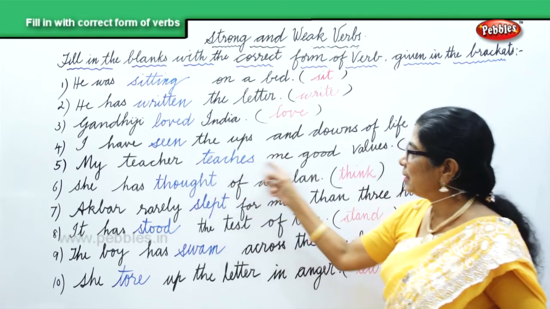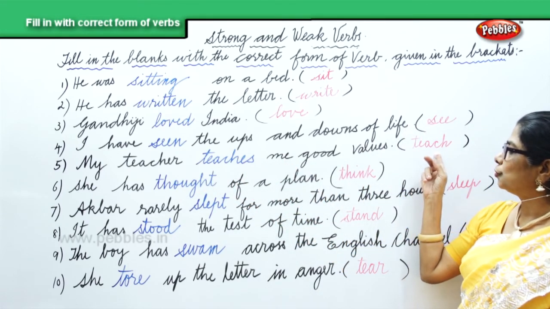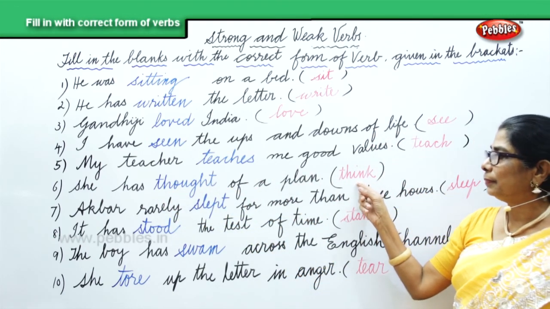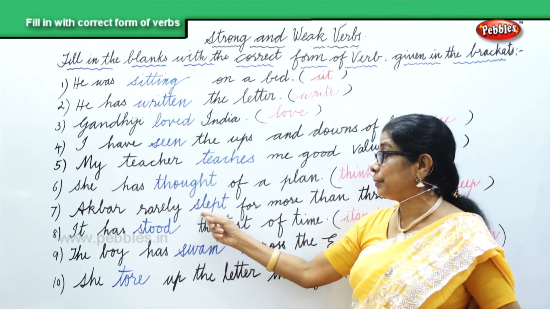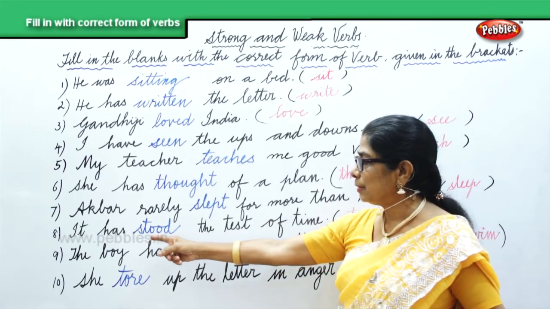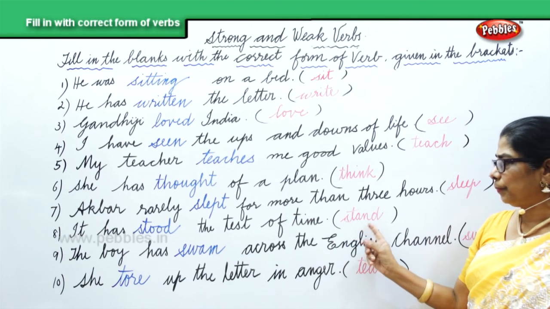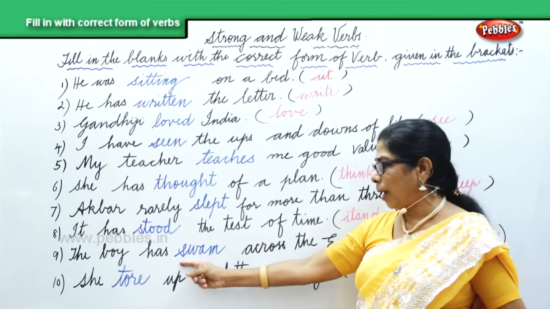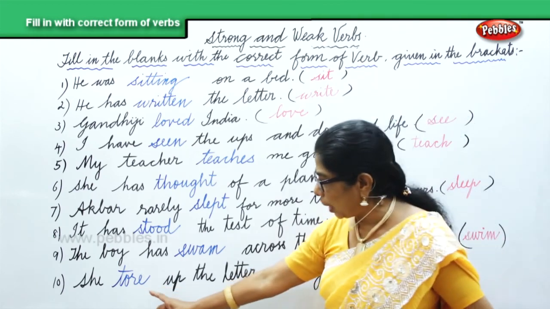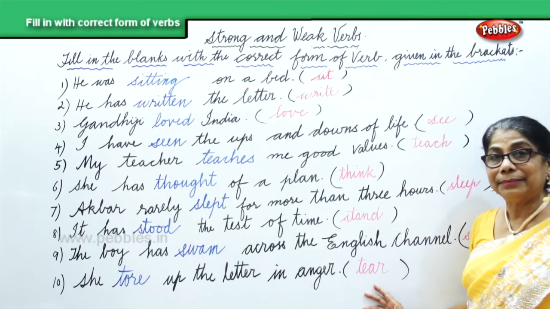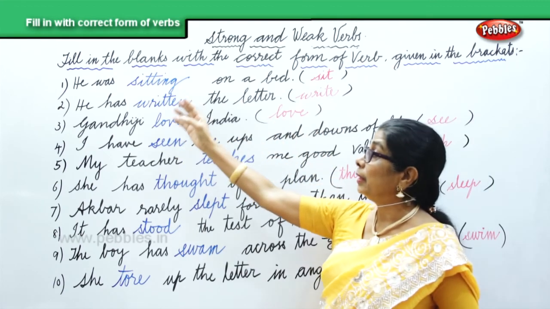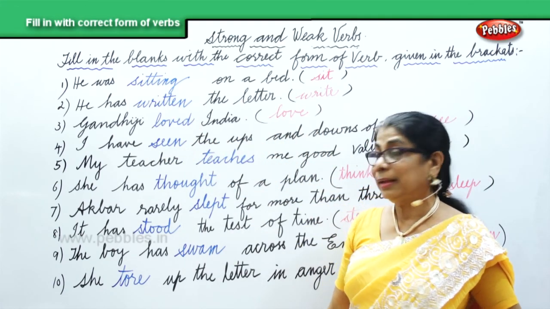My teacher teaches me good values. She has thought of a plan. Akbar rarely slept for more than 3 hours. It has stood the test of time. The boy has swam across the English Channel. Finally, she tore up the letter in anger. So, for the words given, we change to the correct form to complete the 10 sentences.